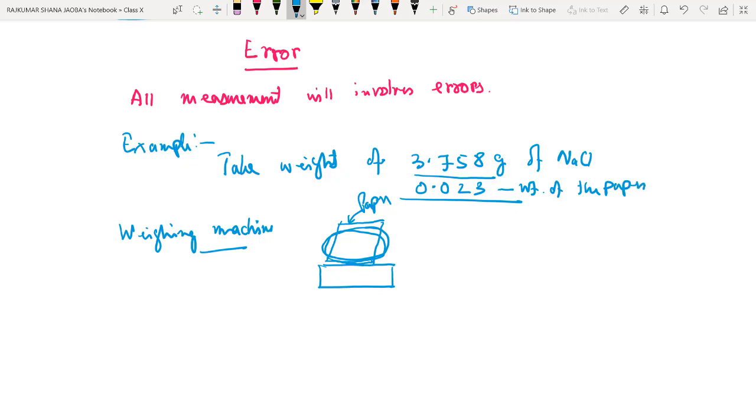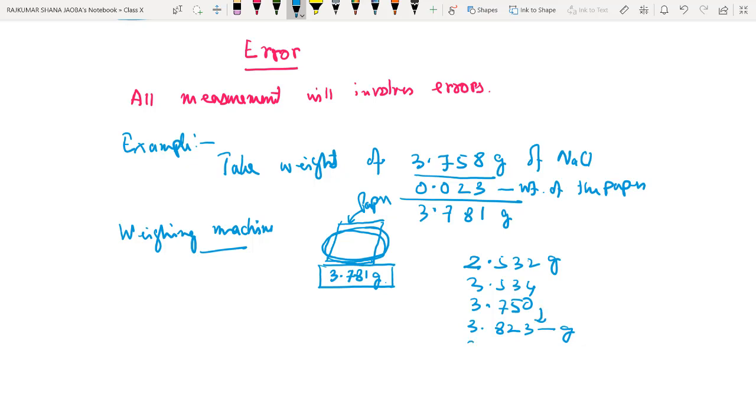Then the display shows different weights, and you take options like 2.532 gram, 3.534, 750, 823 gram.